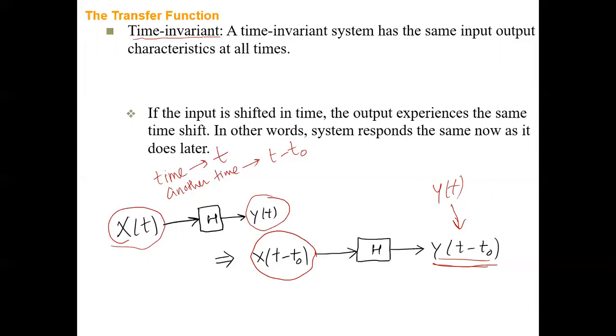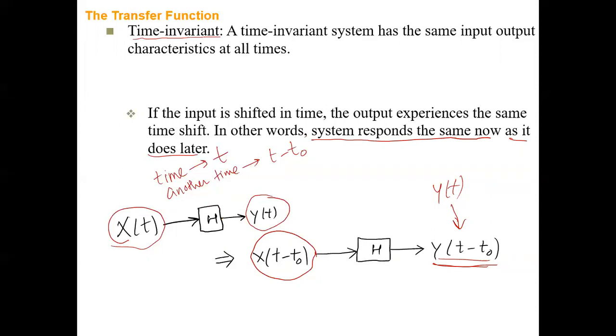So if the input is shifted in time, the output also experiences the same time shift. That's what I'm trying to say here. In other words, the system responds the same now as it does later, or as it did before.